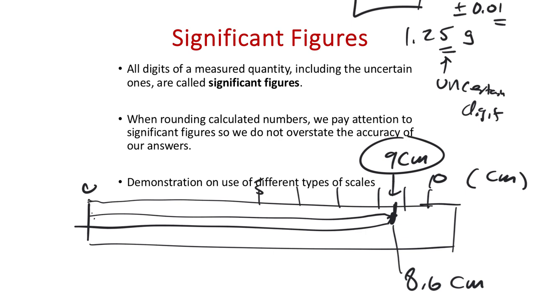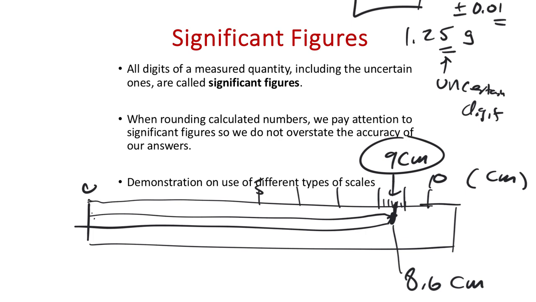Okay, so it's all about the scales that we use. The pencil itself has an actual length. Maybe we could look it up. We could even use a better scale that has more graduated markings, and we can get another decimal place. So if we want to measure this ourselves, we're limited by what type of rulers we have available to us.